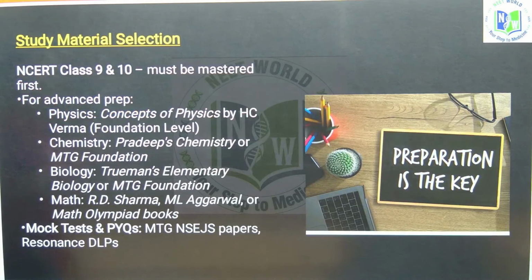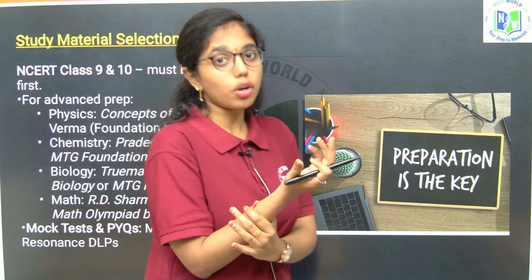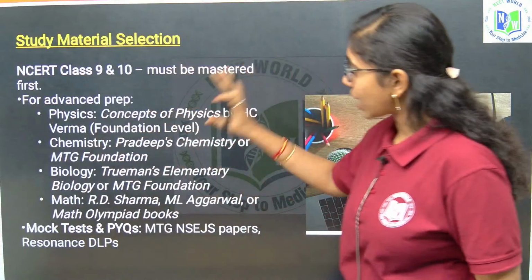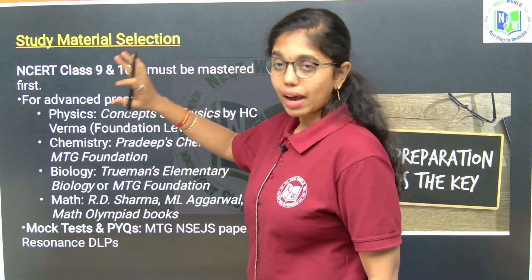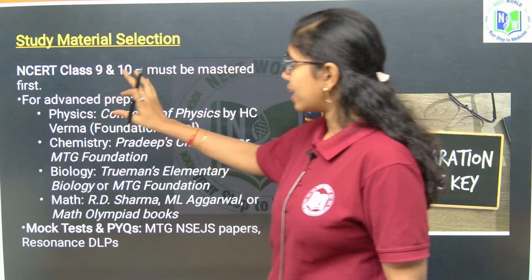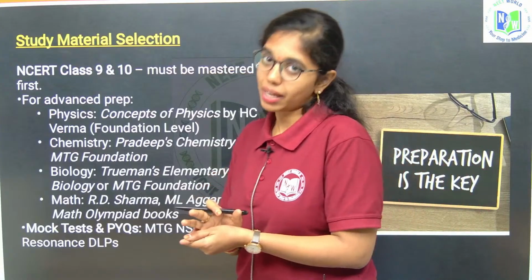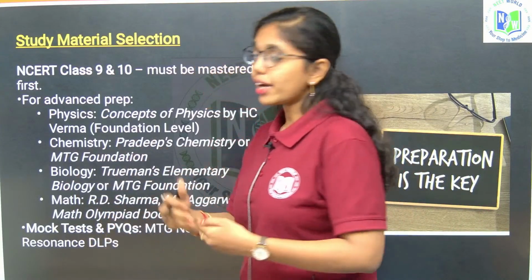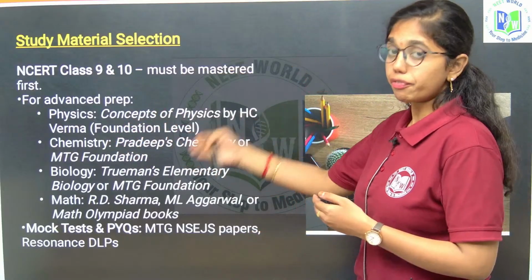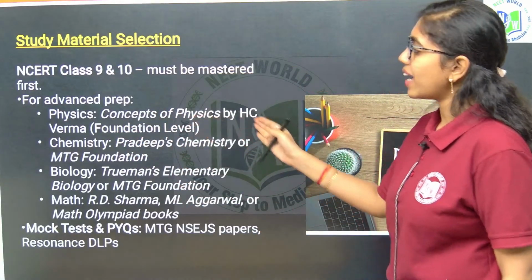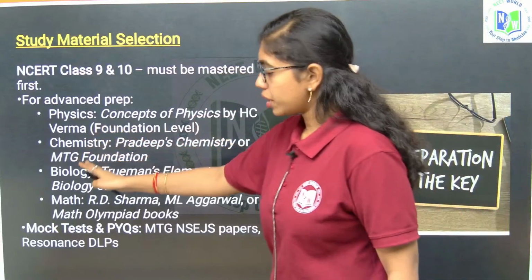And then study material selection. This plays a major role, like what study material you have to choose. Of course, initially we have to rely on the NCERT completely. The 9th and 10th standard NCERT should be mastered first, and then for advanced preparation, for physics we can go to reference books like Concept of Physics by H.C. Verma, and for chemistry Pradeep's Chemistry or MTG Foundation.